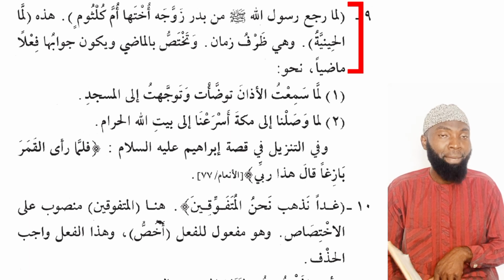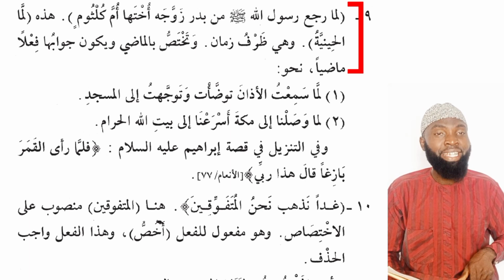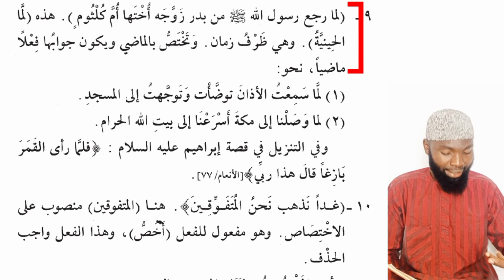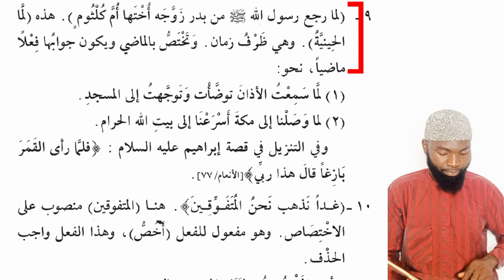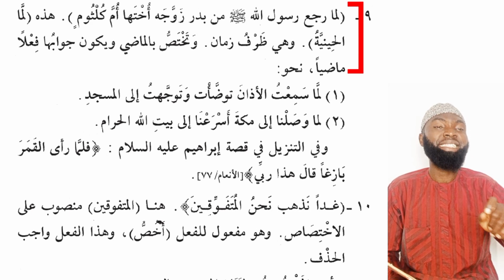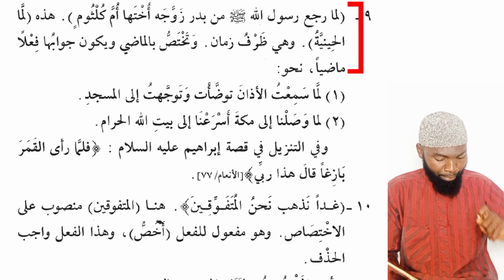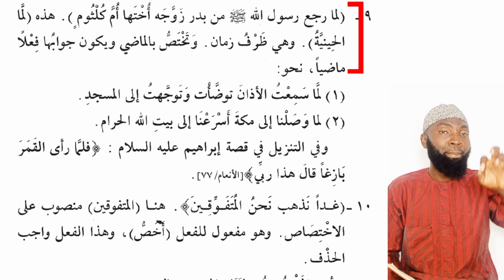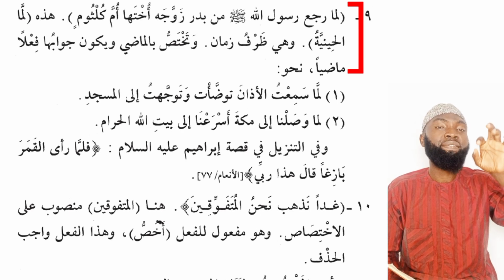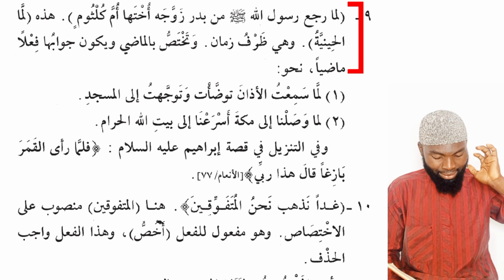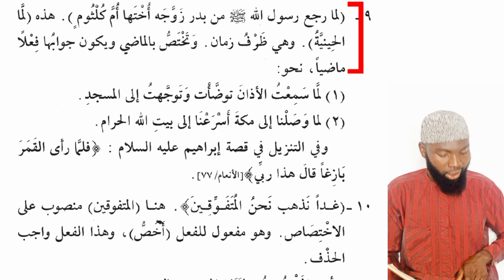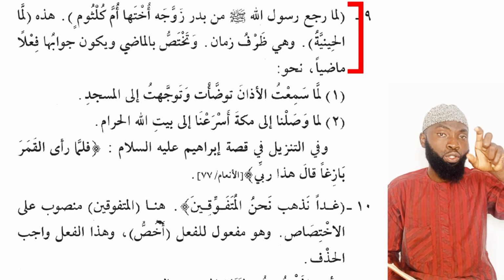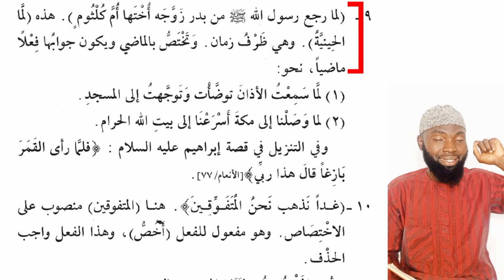This lamma al-hiniyya is called the momental or the periodical lamma, the lamma of a period or of time. وهي ظرف زمان, and it is an adverb of time. وتختص بالماضي, and this لما is usually specific to the past tense. ويكون جوابها فعلا ماضيا, and also its jawab, the response to that, will also be a past tense verb.